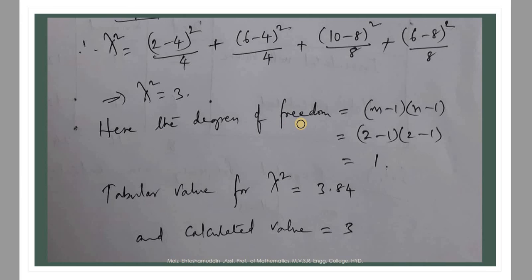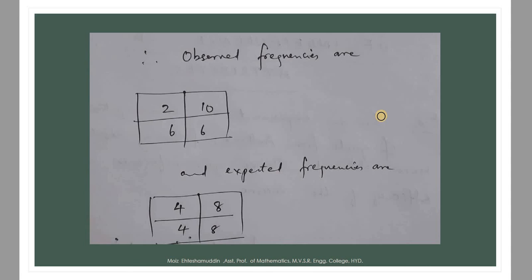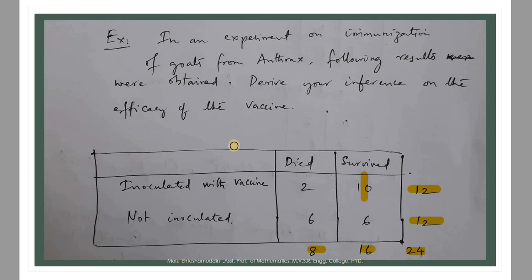Here the degrees of freedom are to be remembered. If we have m categories here and n categories here, as I mentioned just now, suppose there are 3 categories here and 4 categories here, then 4 into 3, 12 cells will come.